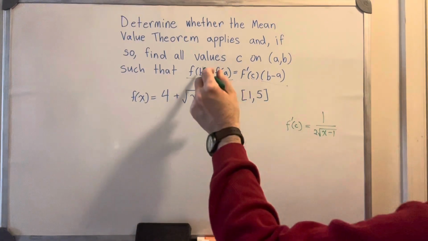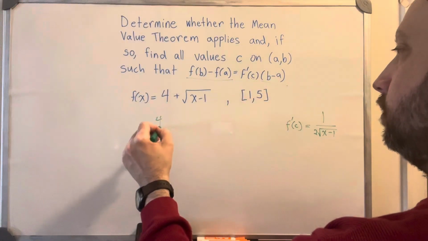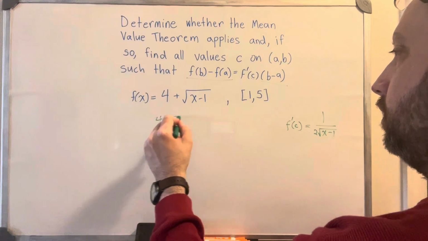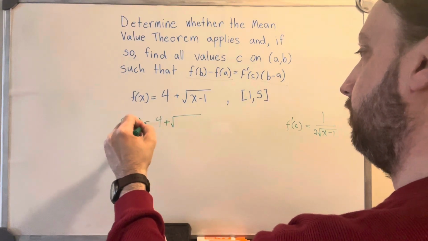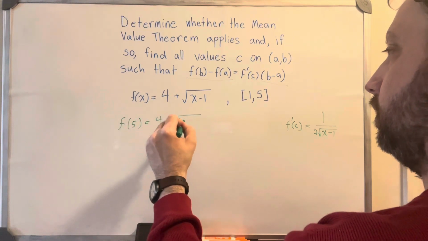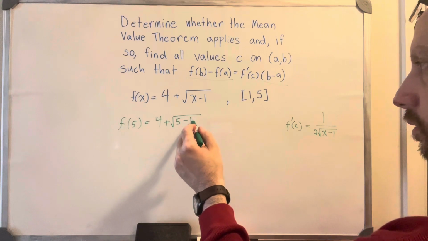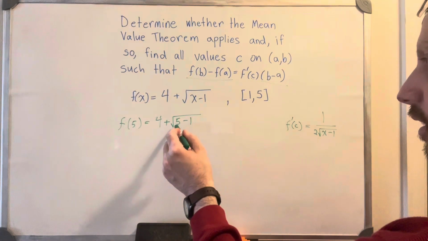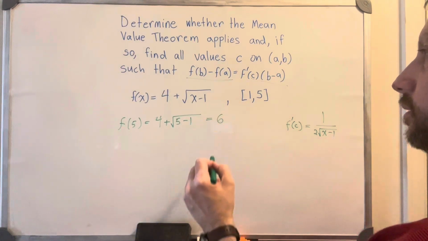because we're going to need that in a moment. But what is f of 5? What is 4 plus... We want to find out the value of f of 5. 5 minus 1 is 4. Square root of 4 is 2. 4 plus 2 is 6.